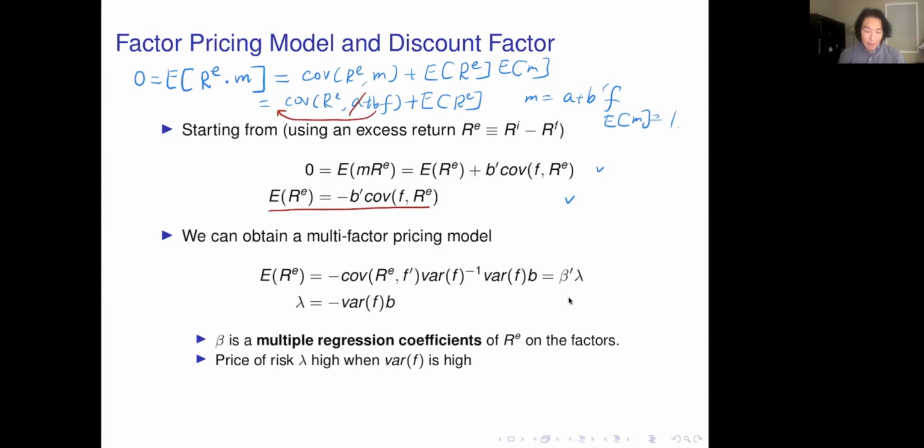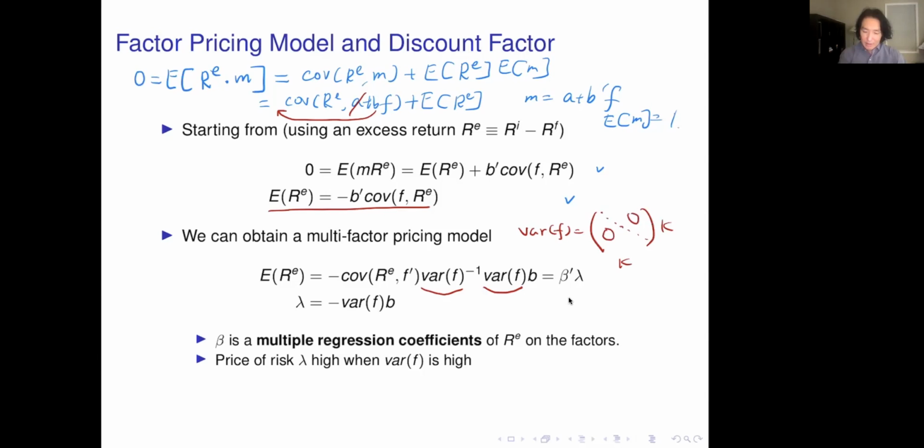And then here's a trick. We multiply by the variance of F and divide by the variance of F. Why do we have the matrix notation? Because the variance of F is a K by K matrix, where the diagonal elements are the variances and the off-diagonal elements are the covariances.